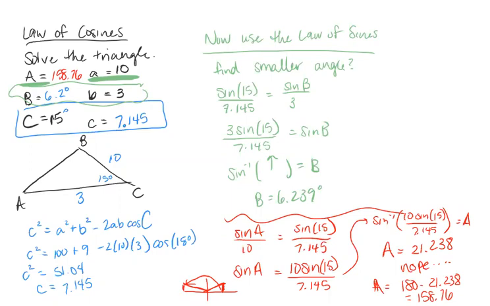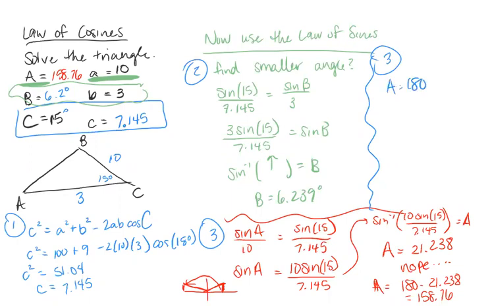But your alternative, instead of doing this step: this would be step 1, this is step 2, this is a possible step 3, or do this for step 3, A is 180 minus 15 minus 6.2. When you do that, you get 158.8, which is what we got doing it the other way also.